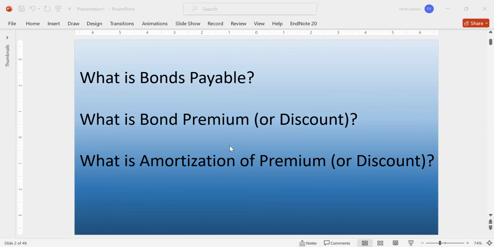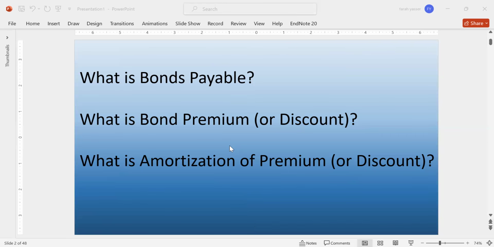The next is bond premium or bond discount. When the bonds are issued at a price higher than their face value, the difference between the issue price and the face value is called bond premium. For example, bonds are issued at a price of, say, $12, whereas their face value is $10.